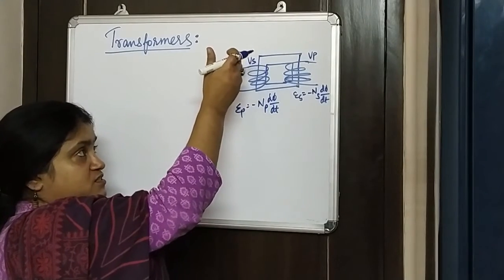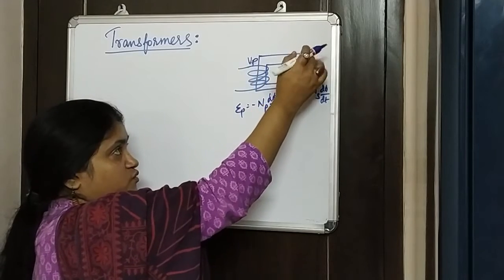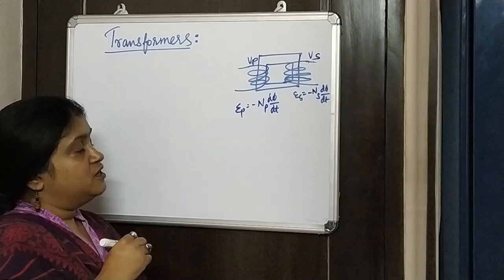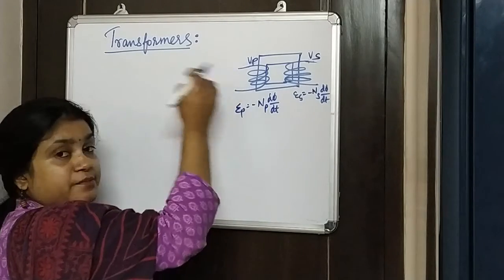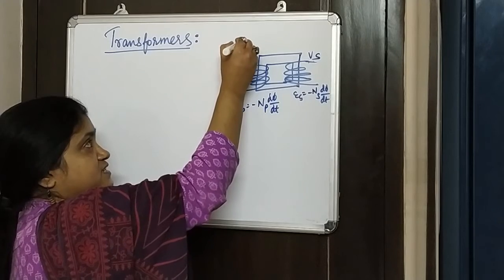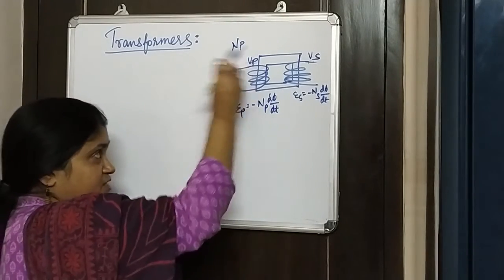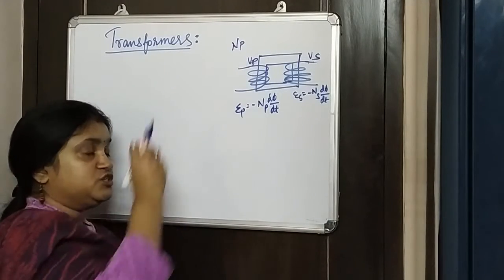This is what we call the primary coil, and this is the secondary coil. Let's suppose the primary coil has the number of turns NP, and it is given a voltage Vp at the initial stage.